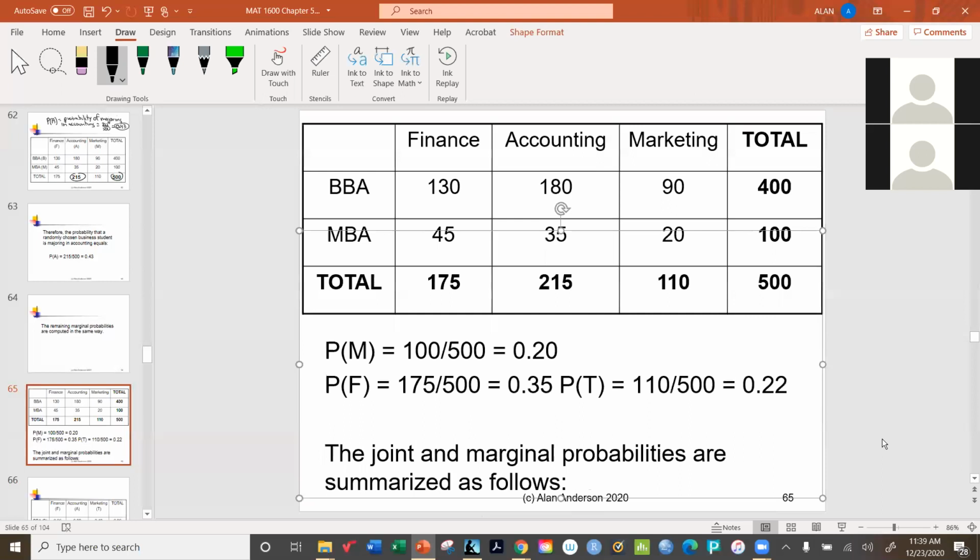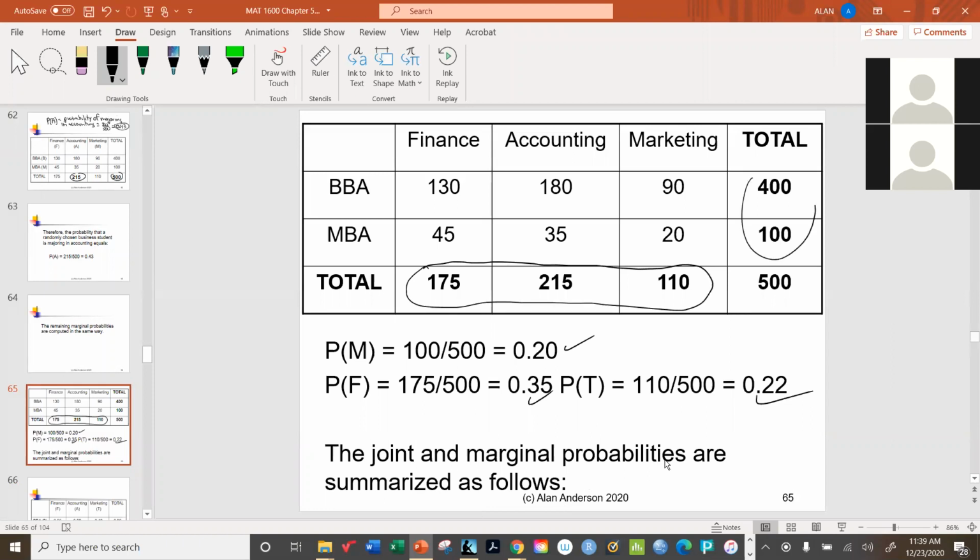Okay, so for example, MBA is this one, 100 out of 500. Finance, majoring in finance is 175 out of 500. And then majoring in marketing is 110 out of 500. So altogether, there are 5 in this case, marginal or unconditional probabilities. All right, so then in the next slide, there's a summary of them all.